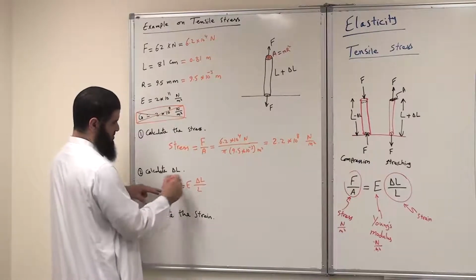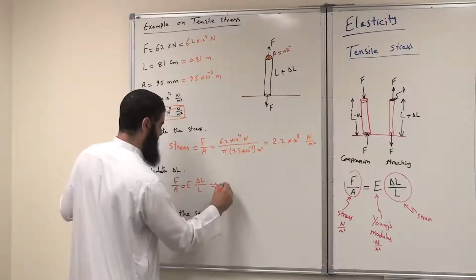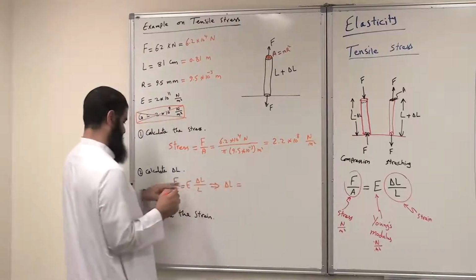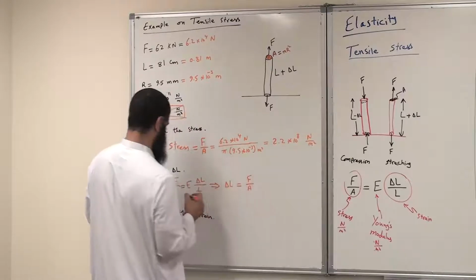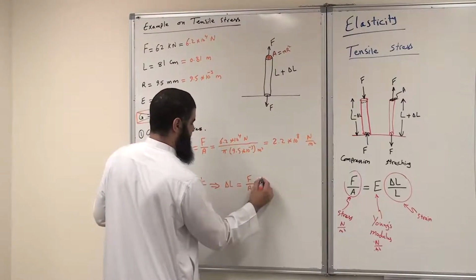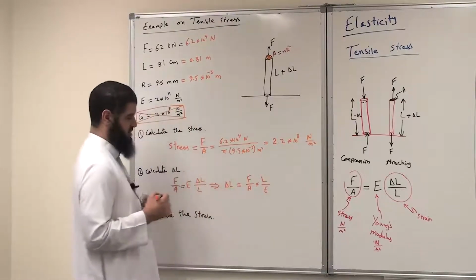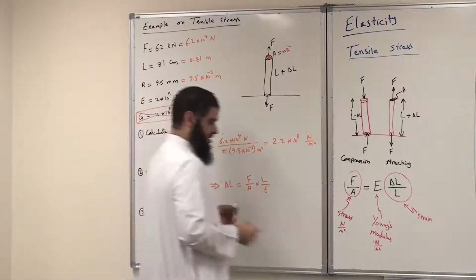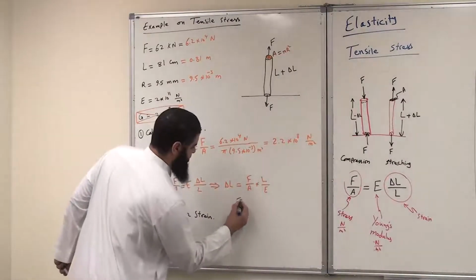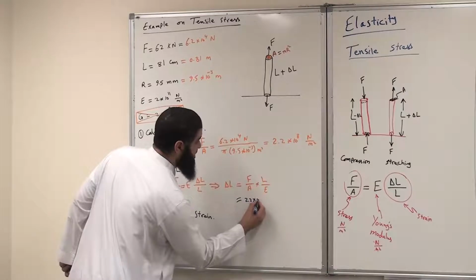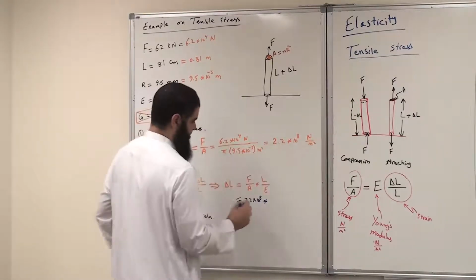Okay, we know this force over area, we have just calculated, so we can write delta L as equal to force over area, which is the stress, multiplied by the original length divided by E, which is the Young's modulus. If you plug in these numbers, you will get 2.2 times 10 to the power 8, which is force over area, the stress, multiplied by the length.